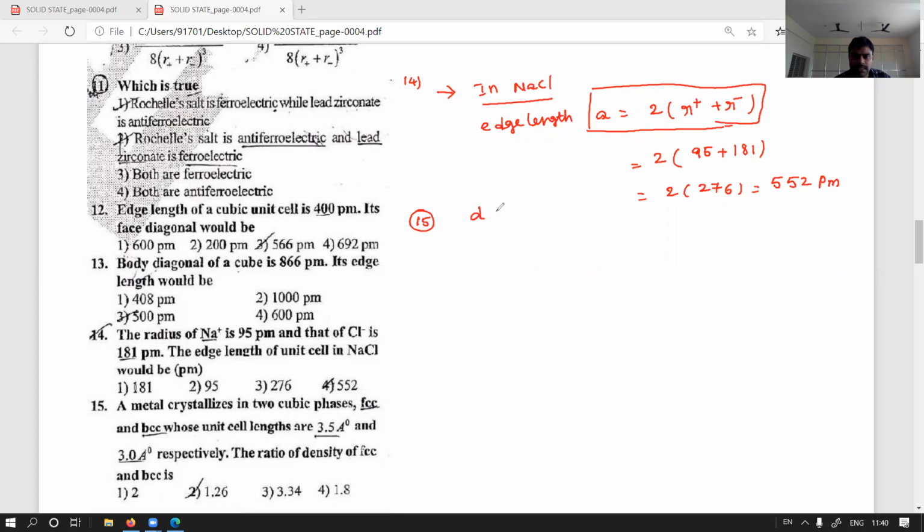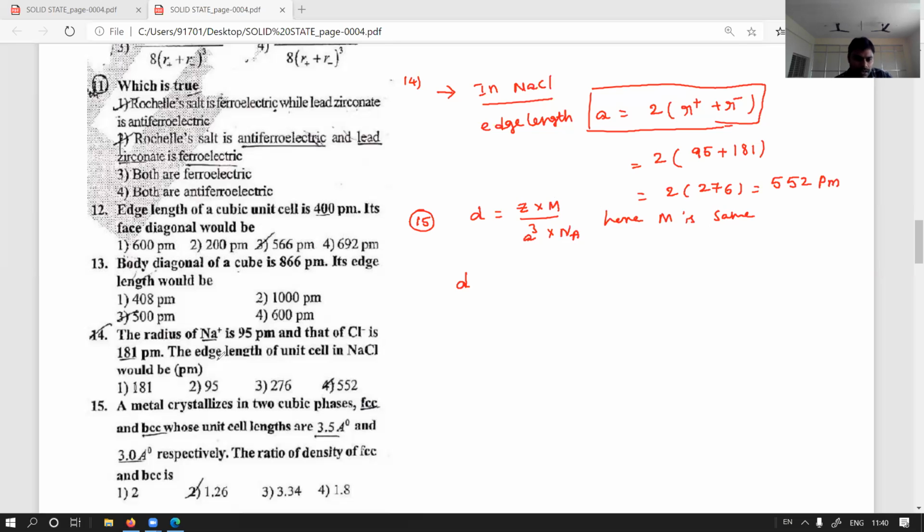For this case, density d is equal to Z into M by a cube into Na. M is the same, meaning the mass of the element is the same, and Na, the Avogadro number, is the same. Z and a cube, the edge lengths, are changing.